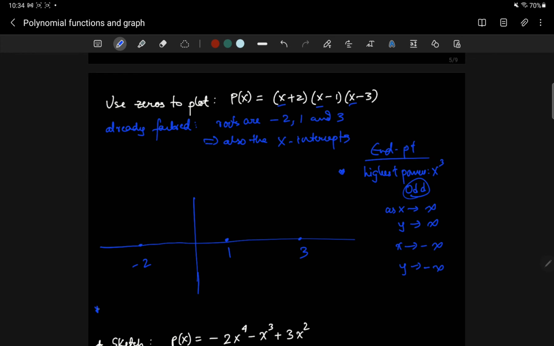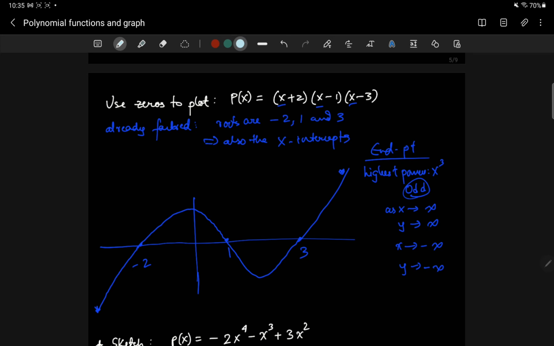Which means that my graph is going to come in from this negative side, cross -2, go up, turn around, cross 1, turn around, cross 3, and end up here. Now there are some liberties I took, which we're going to get to in a bit, about why this is the possible shape and not anything else.